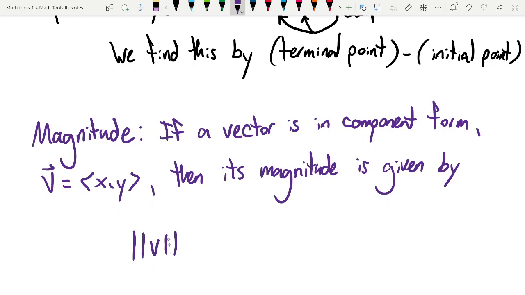So we have double lines on it, so it's like the absolute value except we have two lines, and that's not an accident, is equal to the square root of x squared plus y squared.